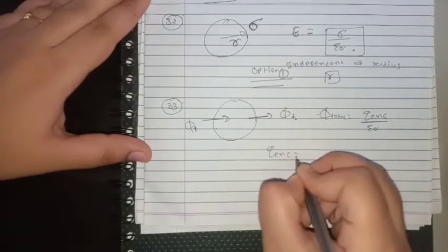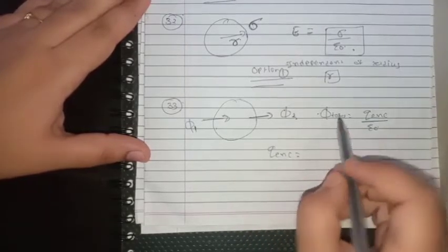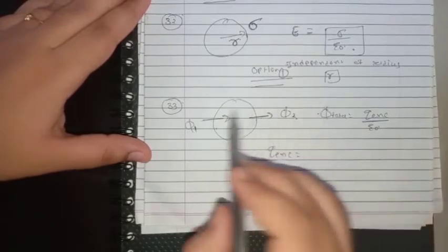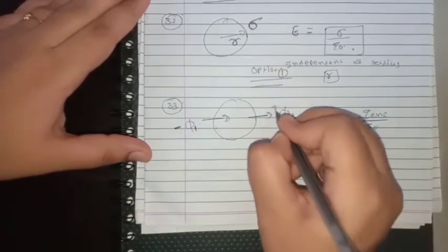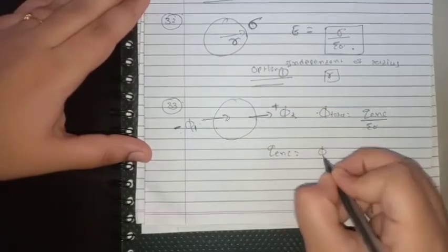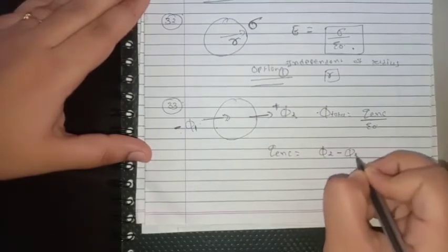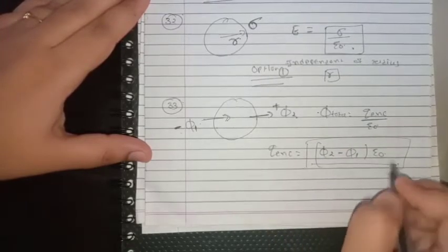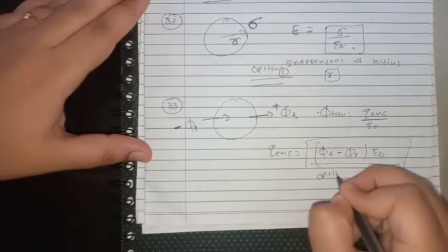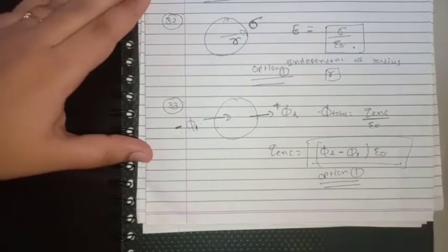So Q enclosed is equals to total flux. Here, as per sign convention, flux entering is taken negative and flux leaving is taken positive. So Q enclosed will be phi2 minus phi1 into epsilon naught. So option 1 is correct option.